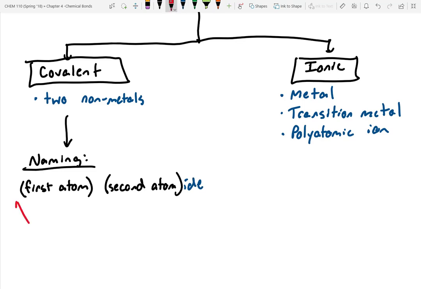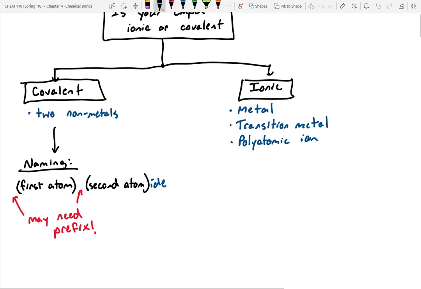And the important thing to remember is you may need a prefix. That's the number one takeaway with covalent compounds, is you got to have prefixes there, right? All right. Ionic compounds are a little bit more complicated because we've got the different types of naming.